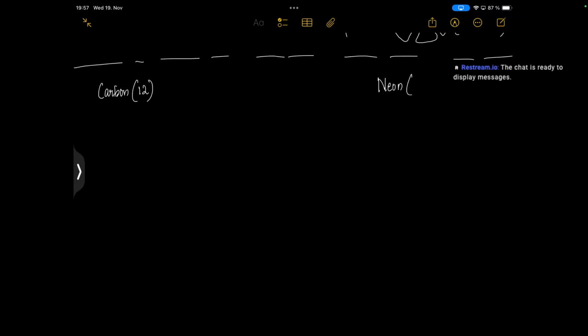The atomic number of carbon is 6, the atomic number of neon is 10.